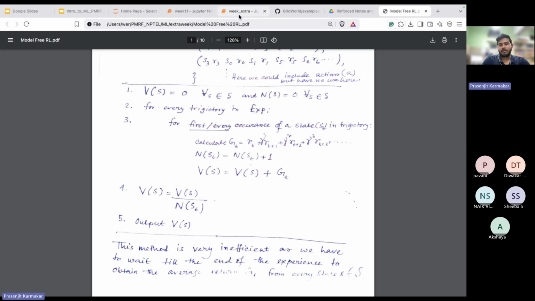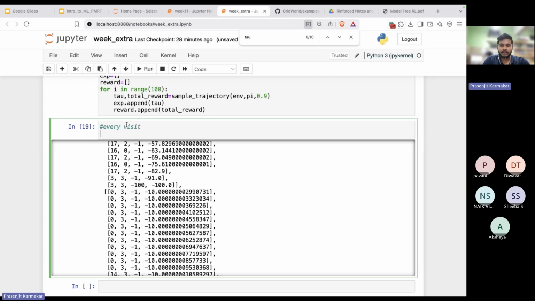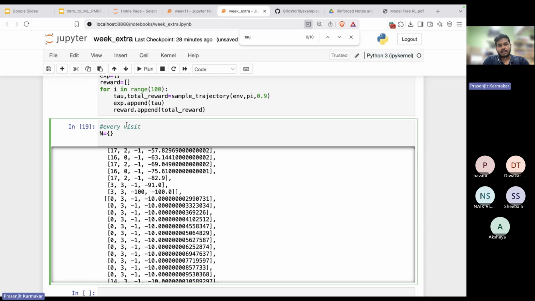So I can have two dictionaries to track the total return and the total number of visits, right? I am currently doing every-visit. So whenever I visit a state, I add to the return and I add to the number of visits dictionary. So N is this, and let's say total return TG. I just name it differently.